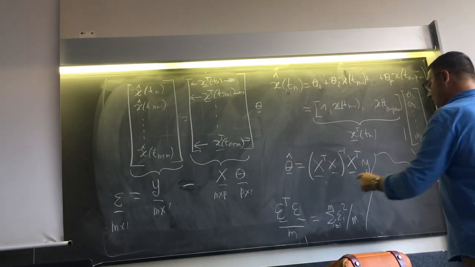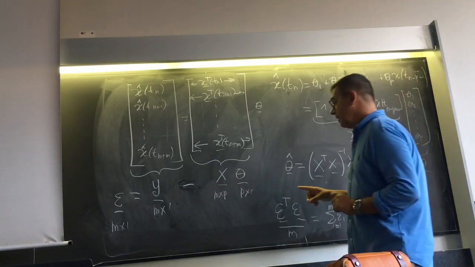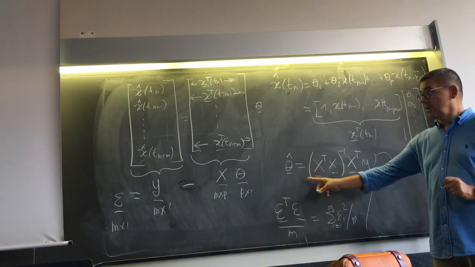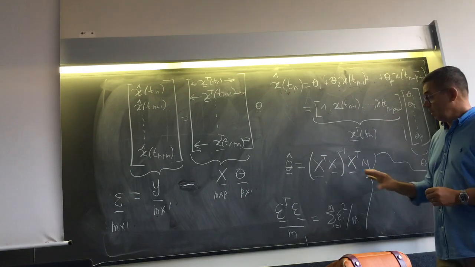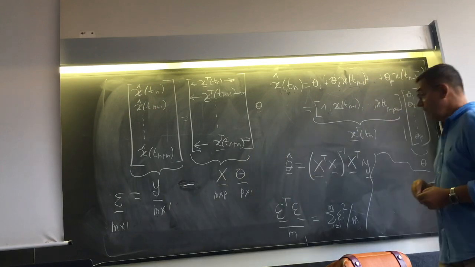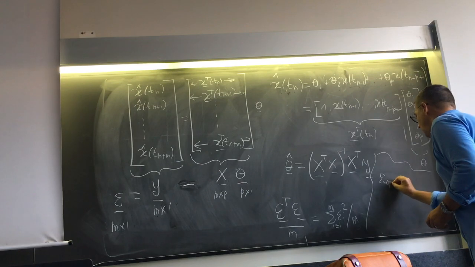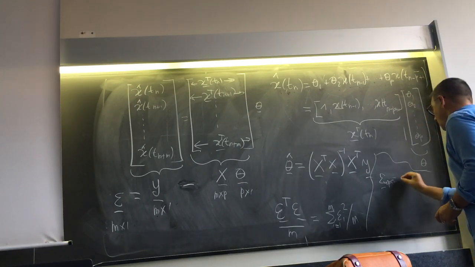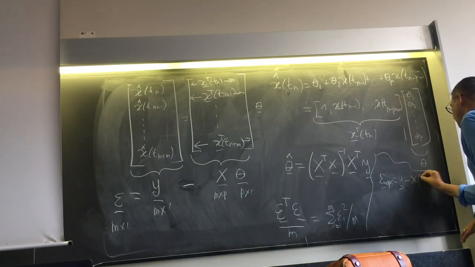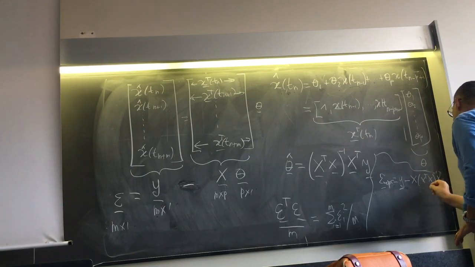Now, what I want to do is assume that I calculate the optimum one, which is this one. Okay? What is the error for the optimum one? The way to do it is I take this one and plug it in there. So if I plug it in, I have the optimum error, that is y minus x times (x transpose x) to the minus 1 times x transpose y.